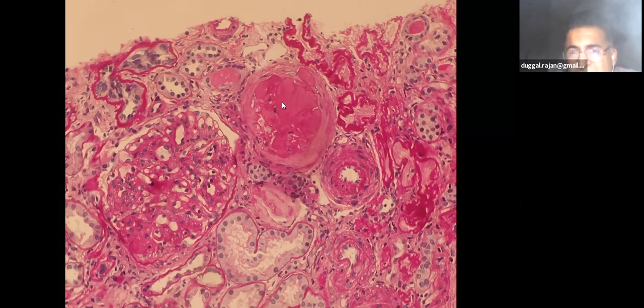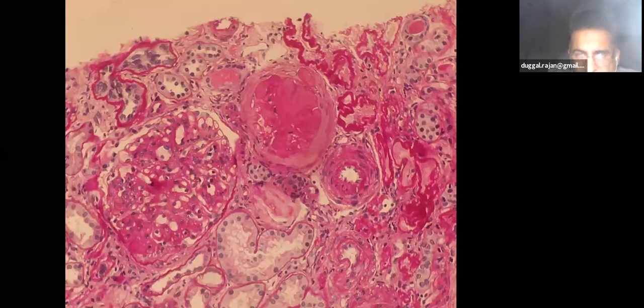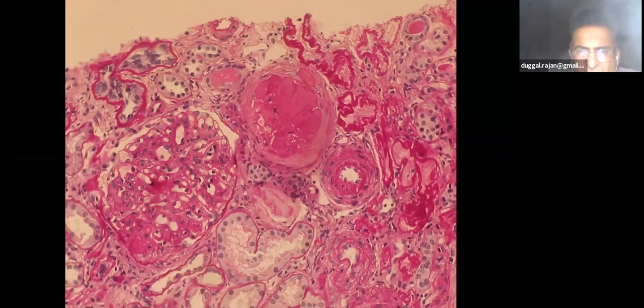When you see this kind of glassy material, these are all plasma proteins. Hyalinosis is all plasma proteins, and they will not be PAS positive. They will be PAS negative, or they will show a very weak PAS stain. Sclerosis happens in a glomerulus. Fibrosis will be in the interstitium. You will find fibrosis when you do Masson's trichrome stain. The other difference is when you do a Masson's trichrome stain, the fibrosis or sclerosis will take up the green or blue color, whatever counterstain you are using.